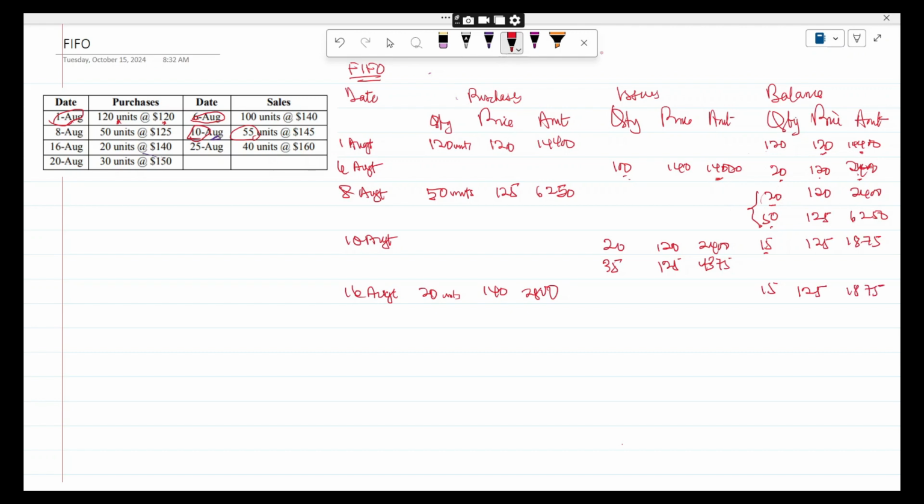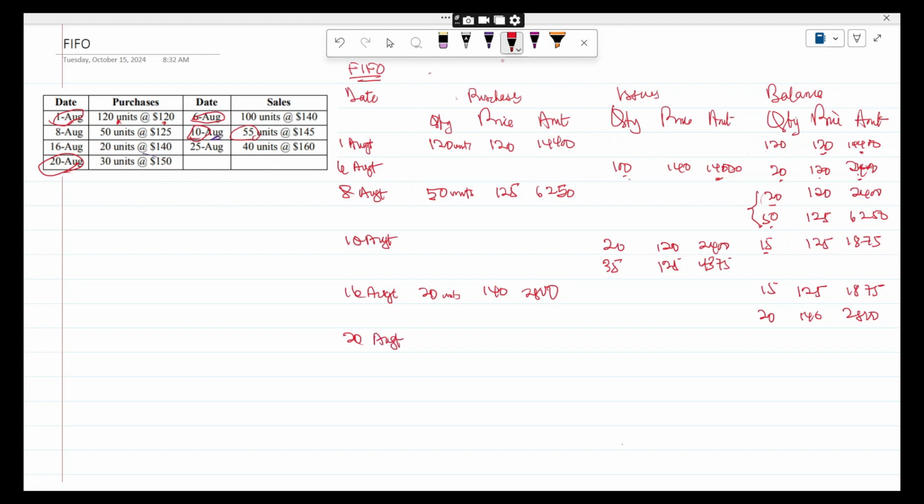Then we'll add this stock, which is 20, 140, then 2,800. Great. Then let's go to the 20th of August. Sorry, let me arrange it to go. So 20th of August.